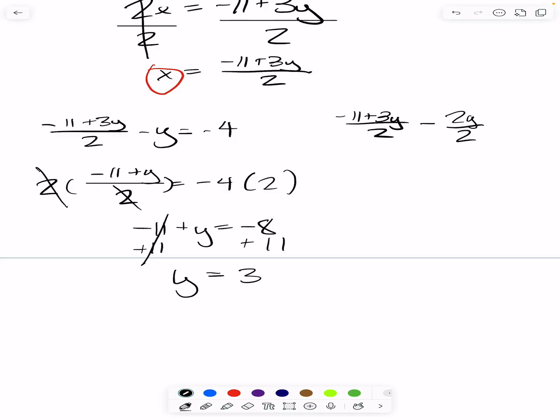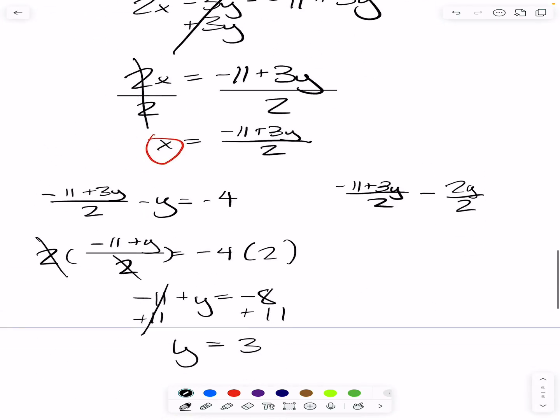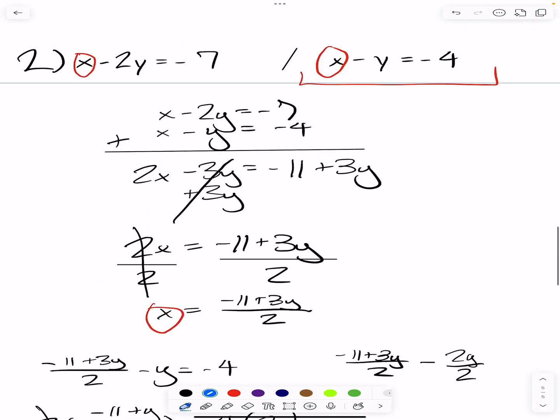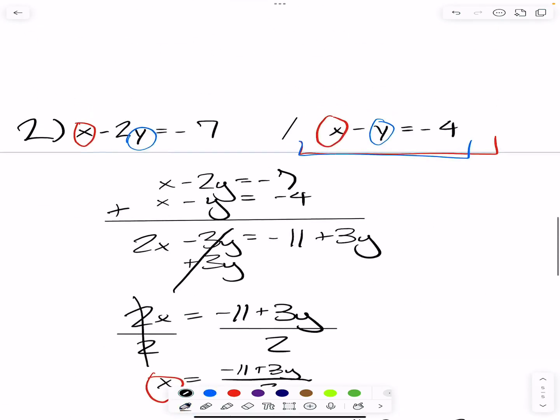From here, I can plug 3 back into either one of these equations and get an answer, so let's do that. I'm plugging that 3, that y, in for either one of these y's. Let's use this equation because that just looks easier. So x minus y equals negative 4.